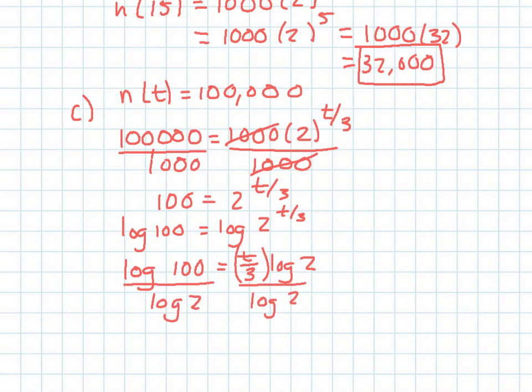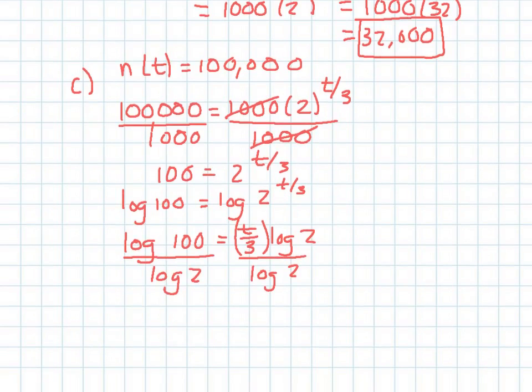A nice thing here is one of your options is using your other properties. Remember, this is common log, so 100 is the same thing as 10 squared. Then I can cross out those 10s, and it leaves me with 2 because of my properties.